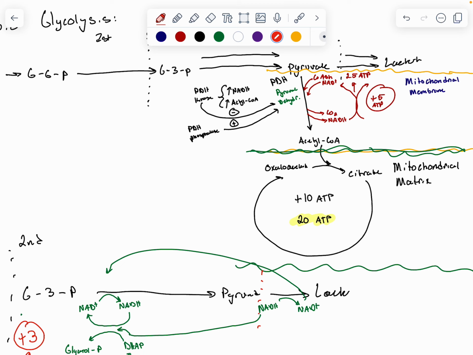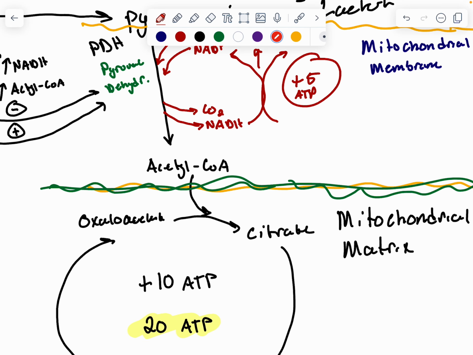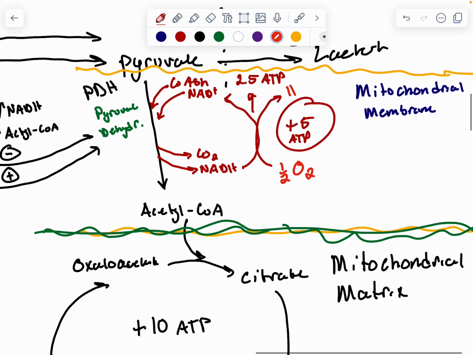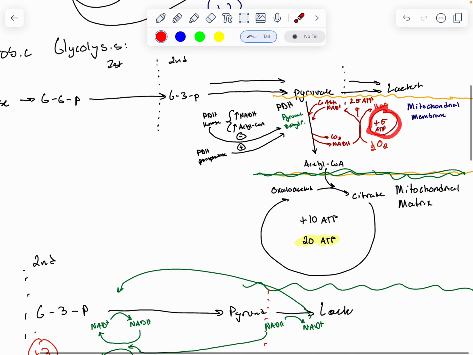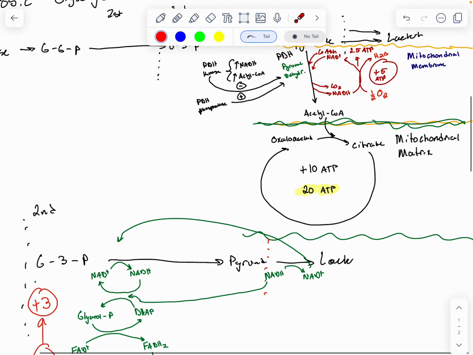We're going to add CoASH, NAD+, to pyruvate dehydrogenase. As a result, we are going to get CO2 and NADH. Right here, that NADH is going to come up here, and again, down here, react with 1/2 of an O2, going to produce H2O, and per 1 molecule of glucose, we're going to produce 5 ATP. So right here, +5 at the PDH system.